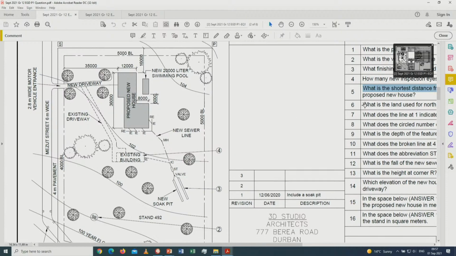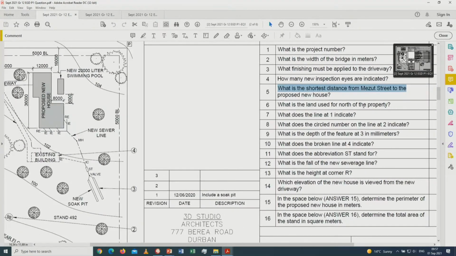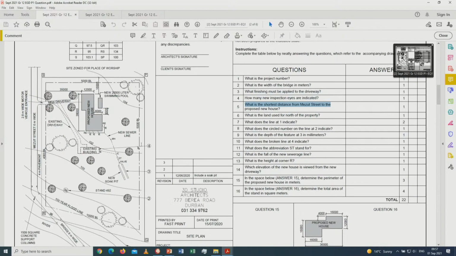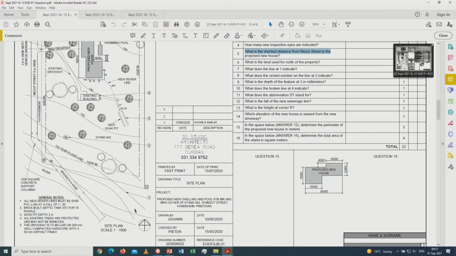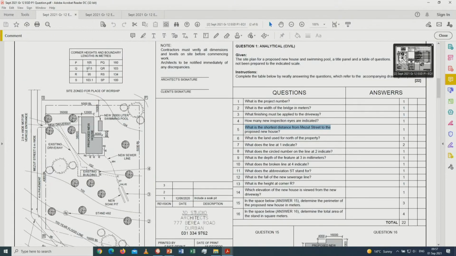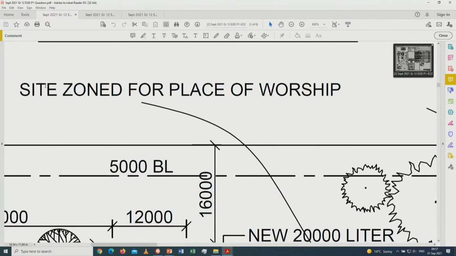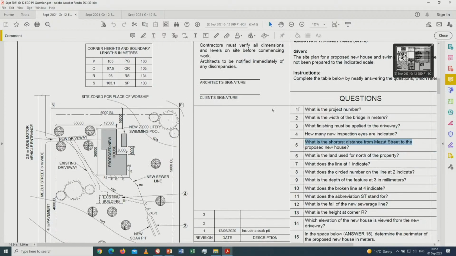All right. What is the land use for the property to the north of this? Now, of course, the learner, this is also a medium order, should take a look at this. He should orientate himself. North is up to the top. And then, of course, if you go to the north of this new proposed site, zone for place of worship. All right, so that's basically your answer if you need to go to this part over here.